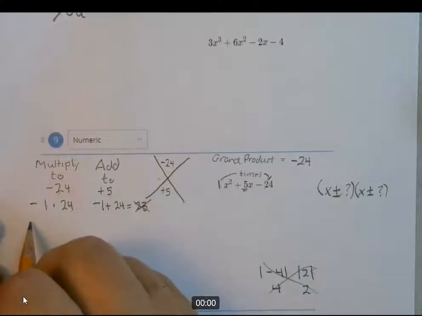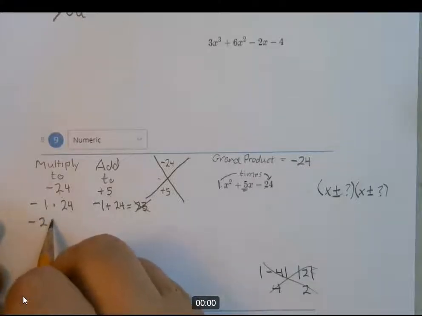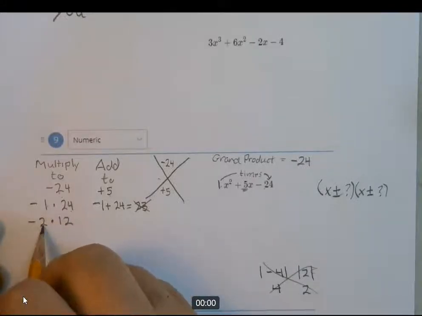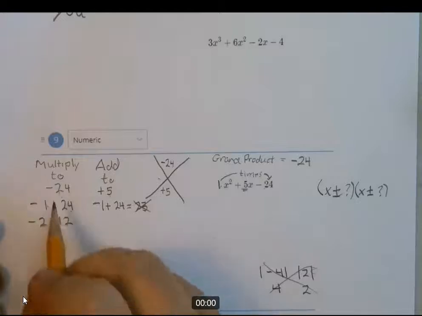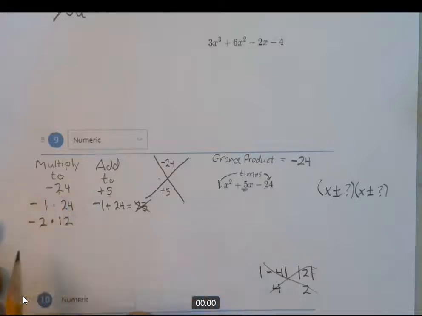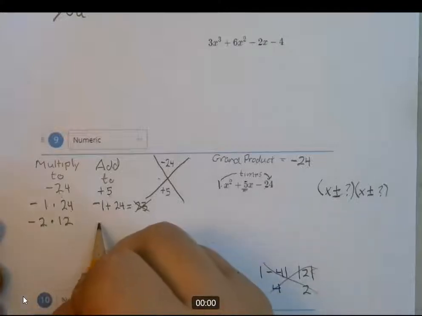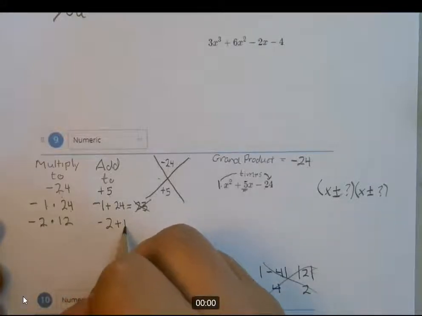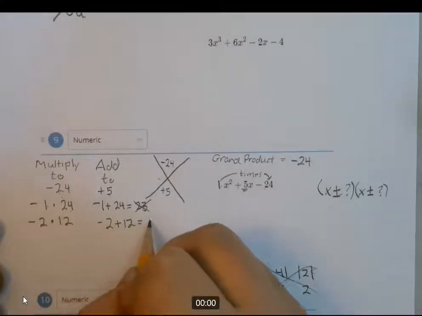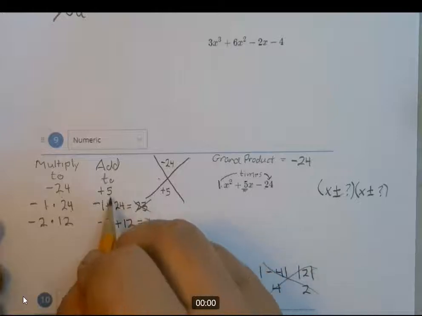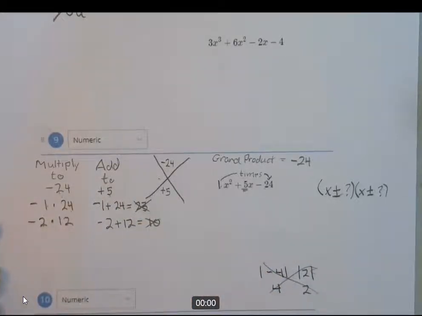So now I'm going to go down to the next number, -2. -2 times 12 equals -24. Every set of numbers I pick has got to multiply to -24. That's why I'm picking them. Now I say, okay, -2 plus 12, which is the same as 12 minus 2, equals 10. Okay, 10 does not equal +5, so we go on.